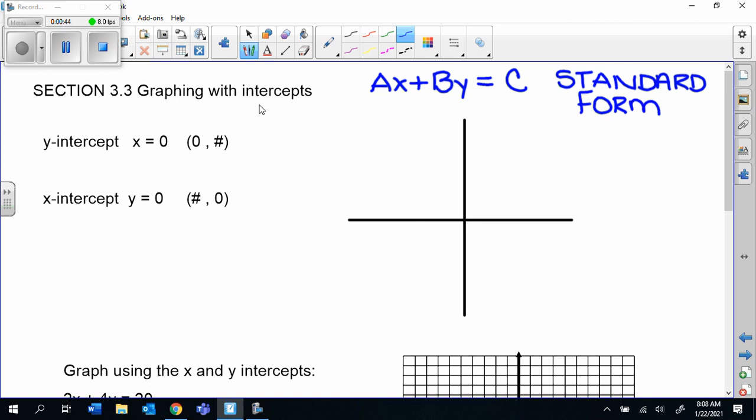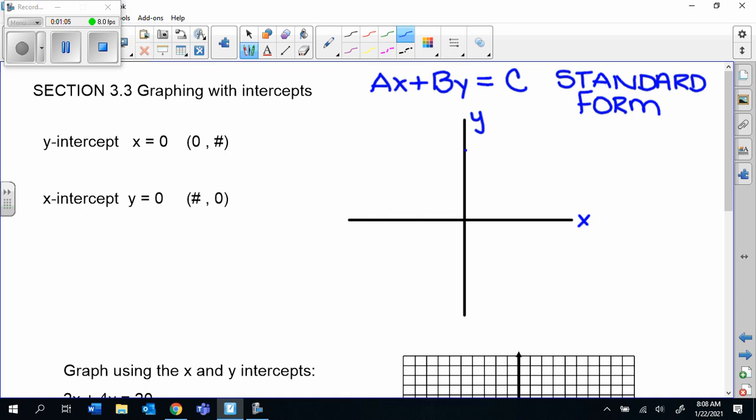And so when we graph using intercepts, we're not required to do the manipulation to get it into y equals mx plus b form. So what does it mean to graph with an intercept? Well, here's our y-axis and here's our x-axis.